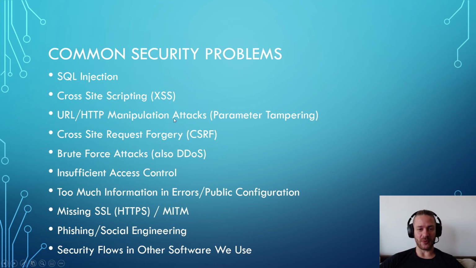URL HTTP manipulation attacks or parameter tampering. If a developer is not very careful, he may leave some models and some classes vulnerable for changing their data, which may not be the desired result.